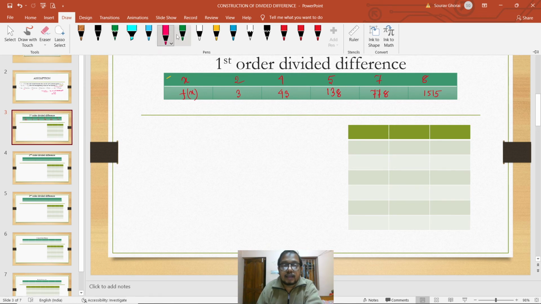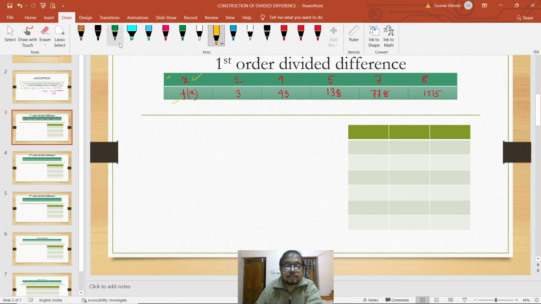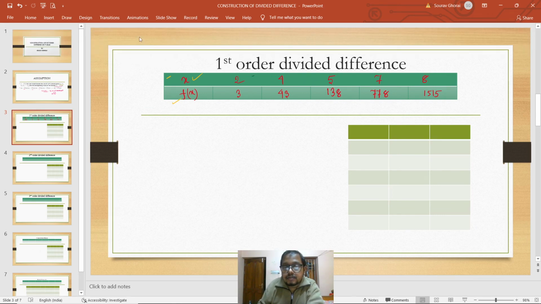This is a table which is given, with x and f(x). These are the values of x and these are the values of y, where y = f(x).